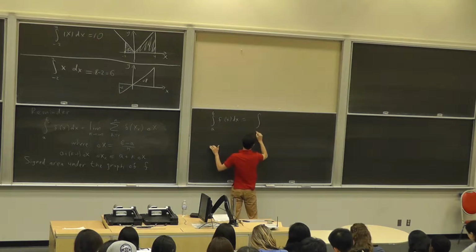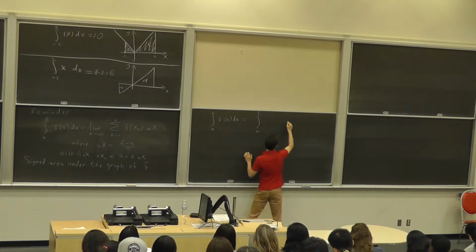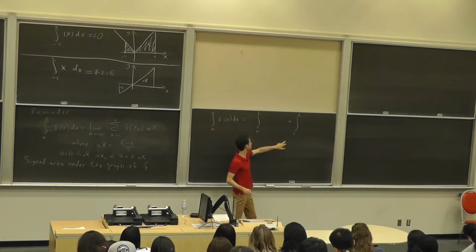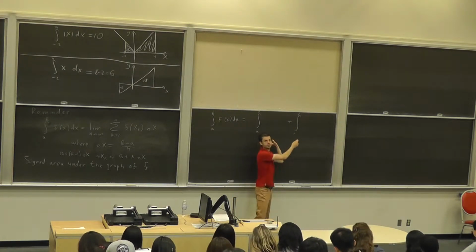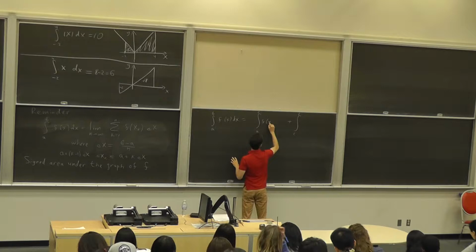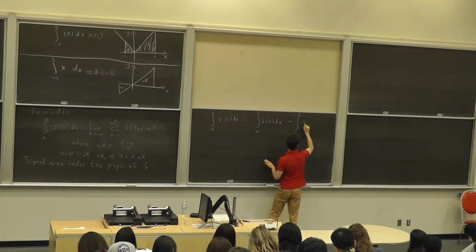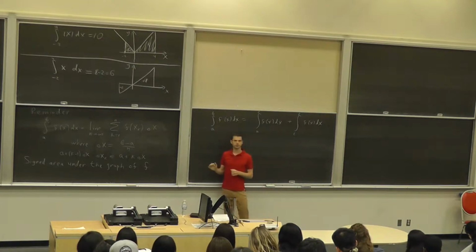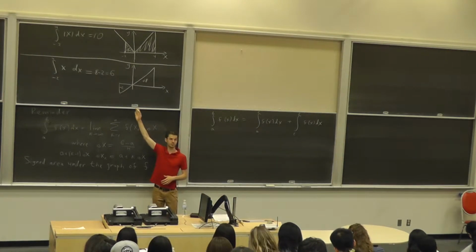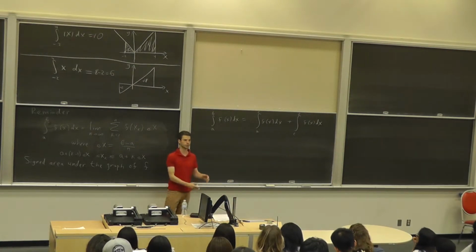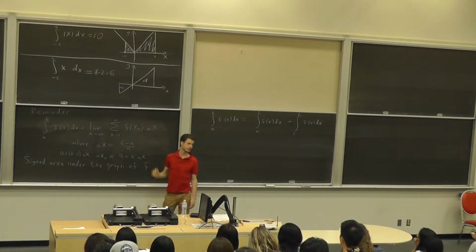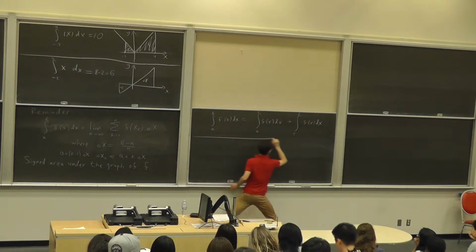Use a point c in between, integrate first from a to c, then from c to b, and add the results. That was just about splitting the total area into two parts: the area from a to c, and then from c to b.